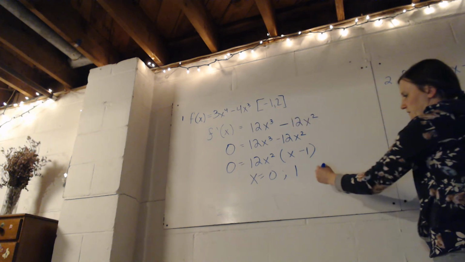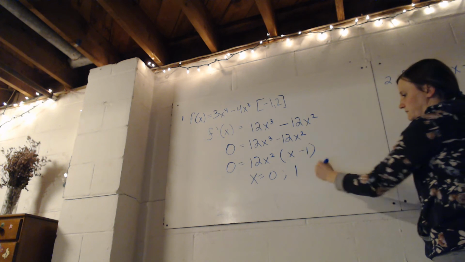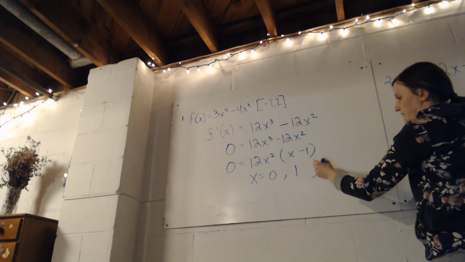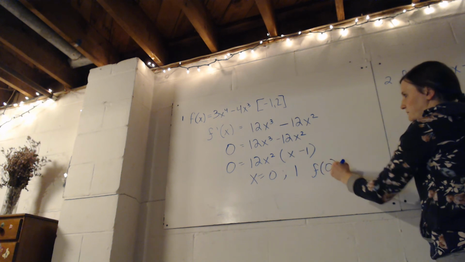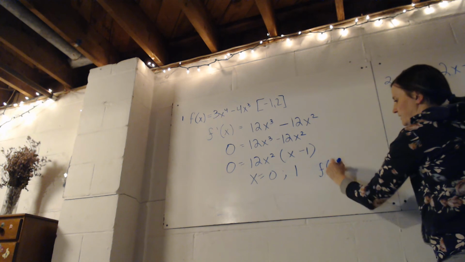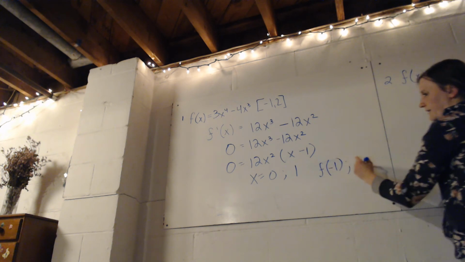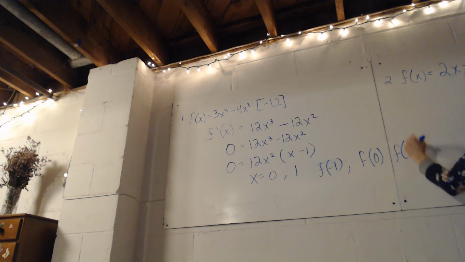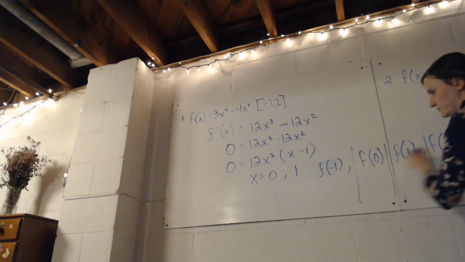So you can just write them all out. F of 0, well, let's go in order. Sorry, I'm all over the place. F of -1, I'm just taking them in order. You don't have to. F of 0, f of 1, and f of 2. So we're going to evaluate the function at these 4 points.